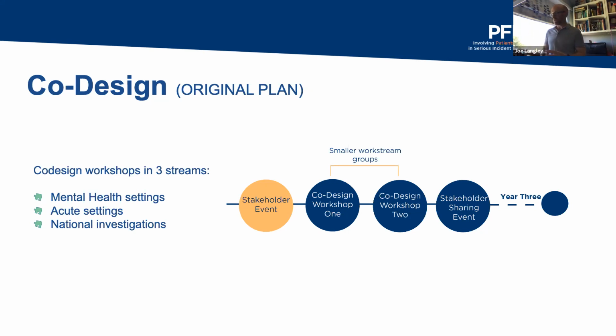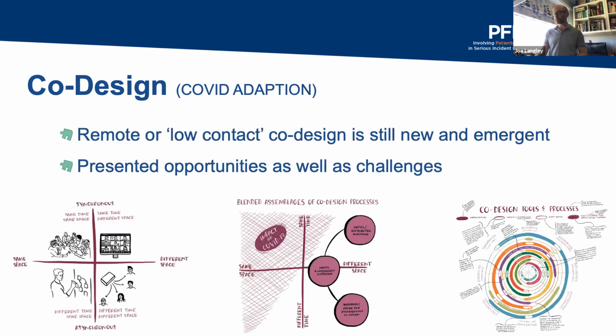And then we would come back for a final event that brought everyone together and looked at the differences between what had been designed for the 3 settings to understand whether they were really relevant differences or just idiosyncrasies of the people in those co-design work streams.